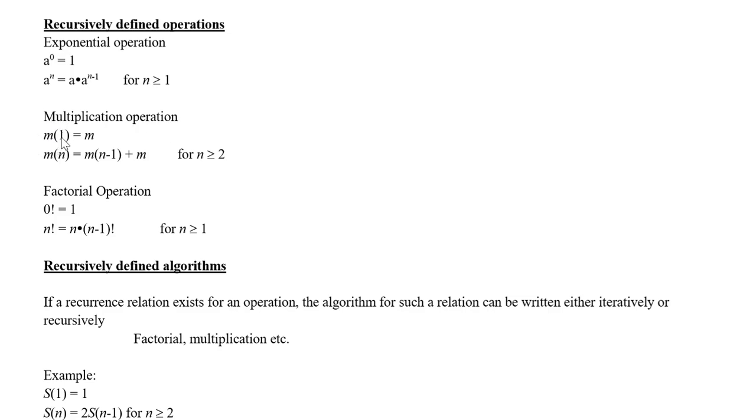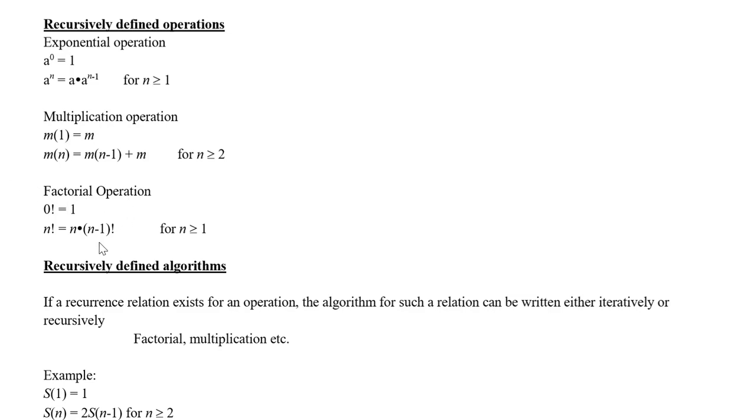You define m of 1 as 1, and m of n you add, because multiplication is just an addition. So 5 times m will be calling m of 5, which becomes m of 4 plus 5, and then m of 4 is m of 3 plus 5, and so on. So multiplication is an addition.